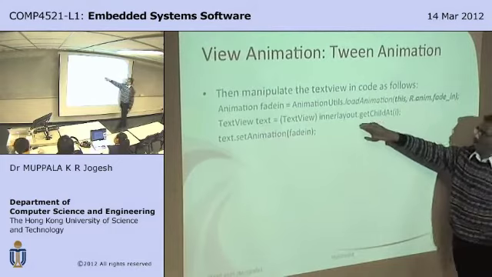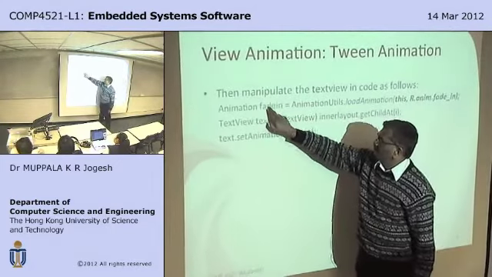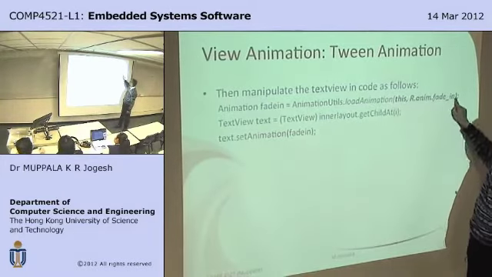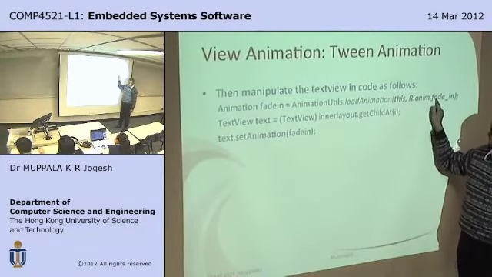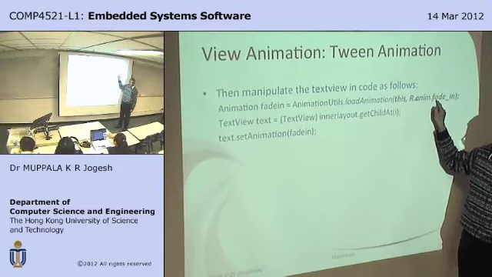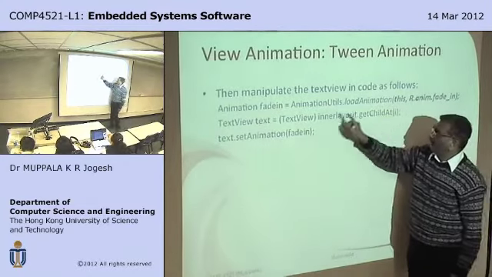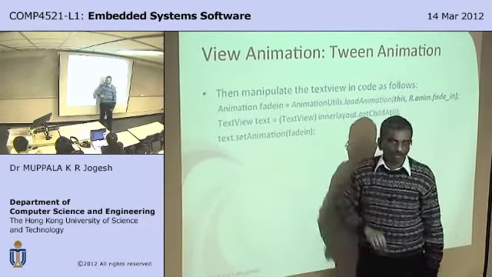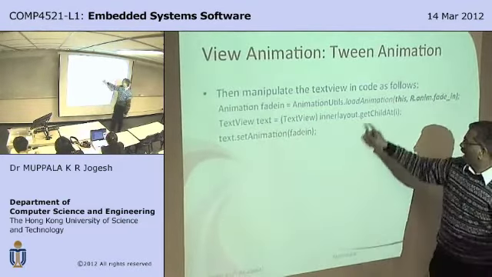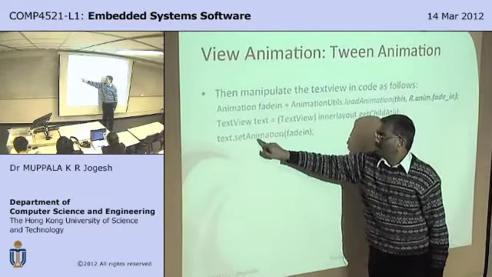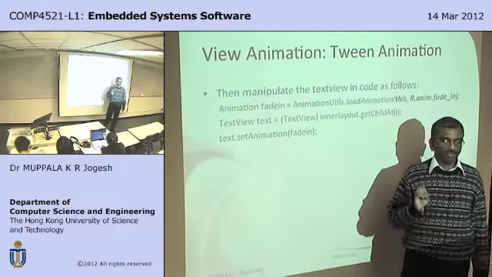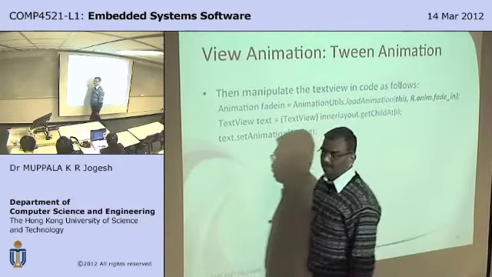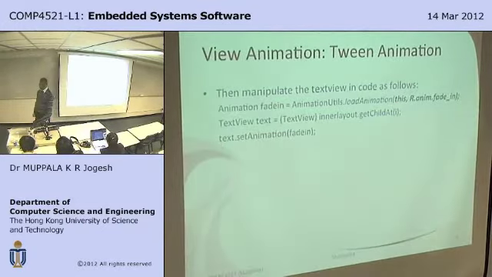We are saying animation, fade in, and this is the load animation, and then I am loading in this animation, so I'm inflating this animation from the XML file, and then after that I am applying the animation to this text view. So I get the handle for the text view, and then I apply the animation to the text view. So that's how I make the text view fade in from transparent to fully visible on the screen.